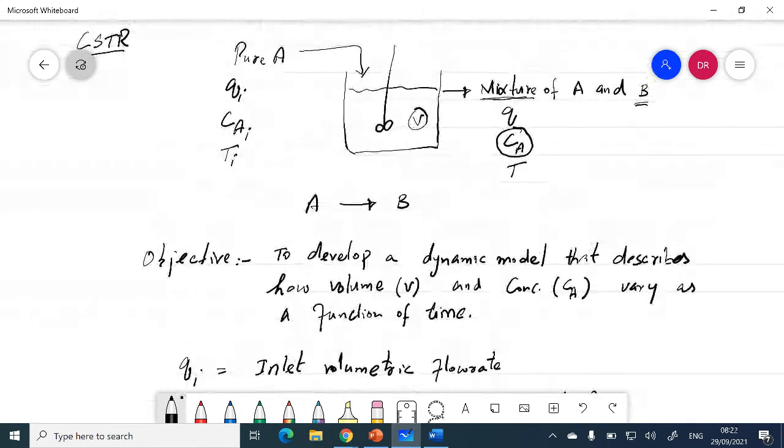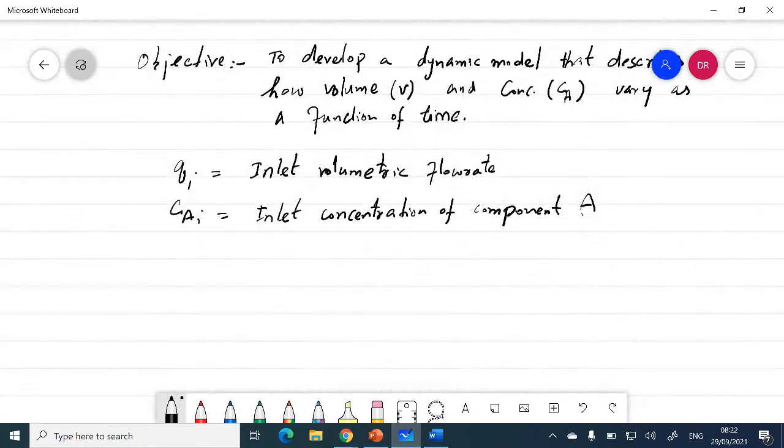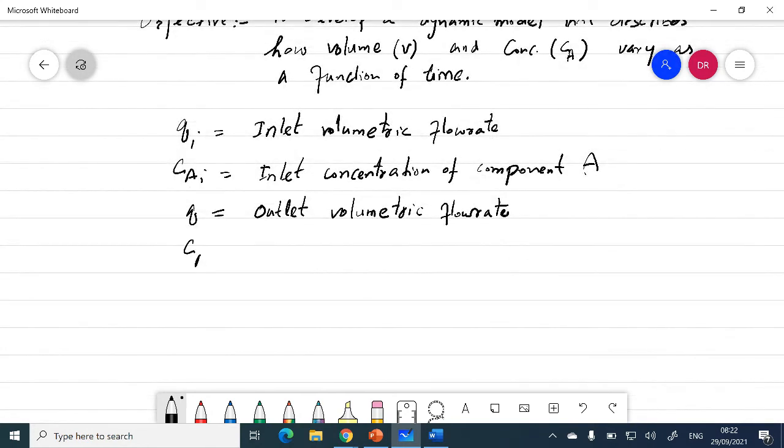Okay, and what else we have? At the exit we have Q. Q is the outlet volumetric flow rate, and we have the CA.